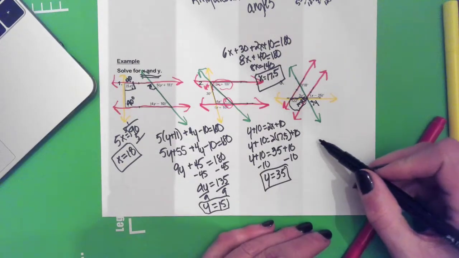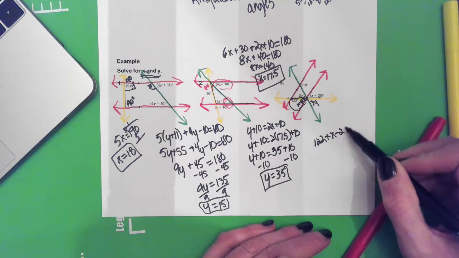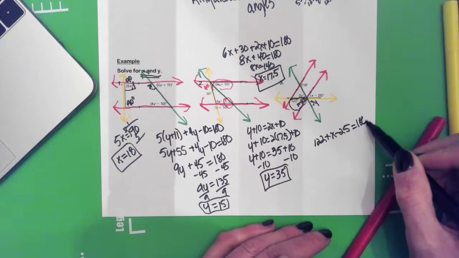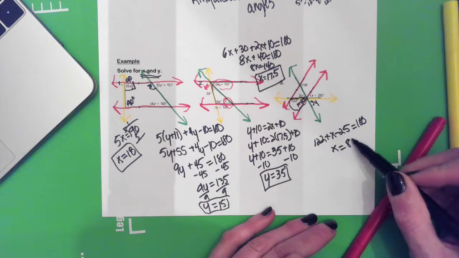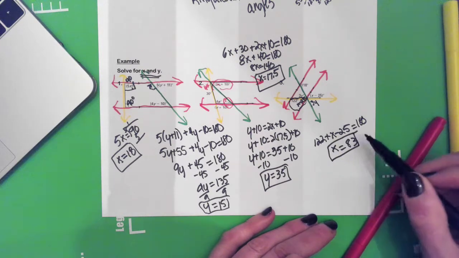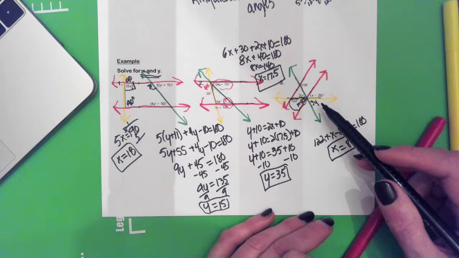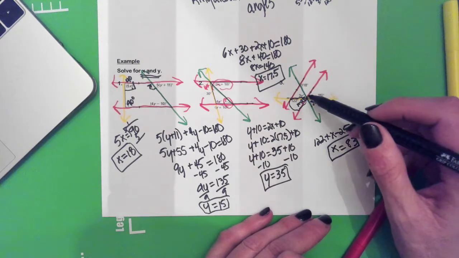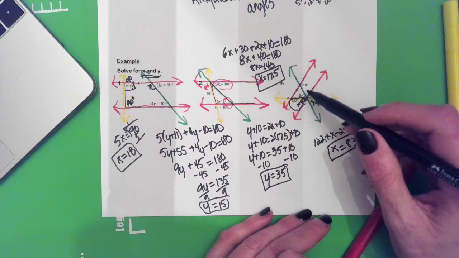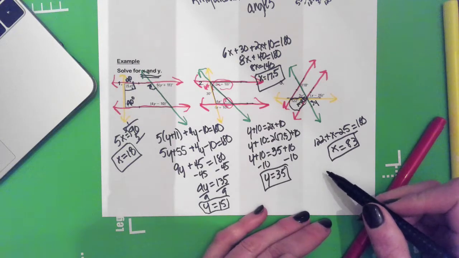Right in here, I have supplementary angles. 122 plus x minus 25 equals 180. When I subtract all that out, I get x equal to 83. If I know x is equal to 83, then I can substitute in for my 118 equals x minus 25 plus 3y.